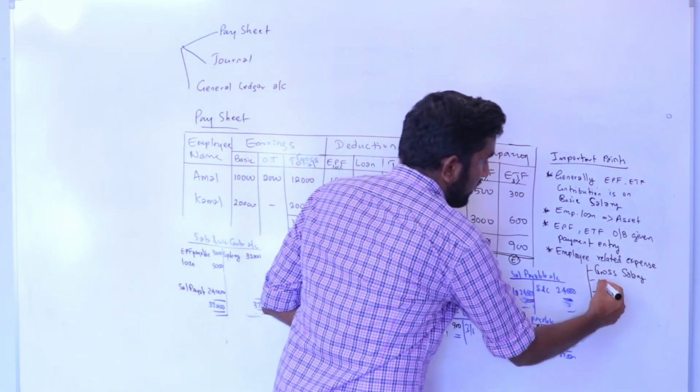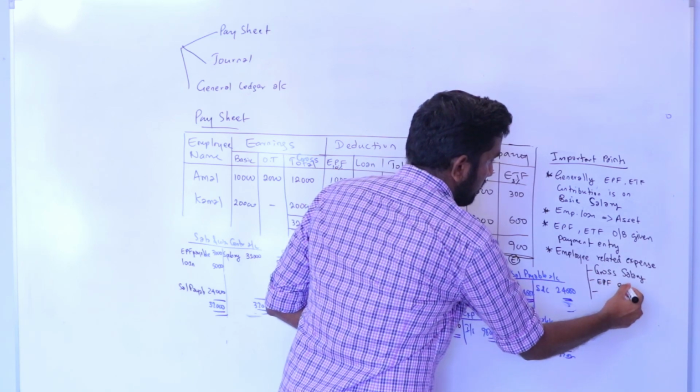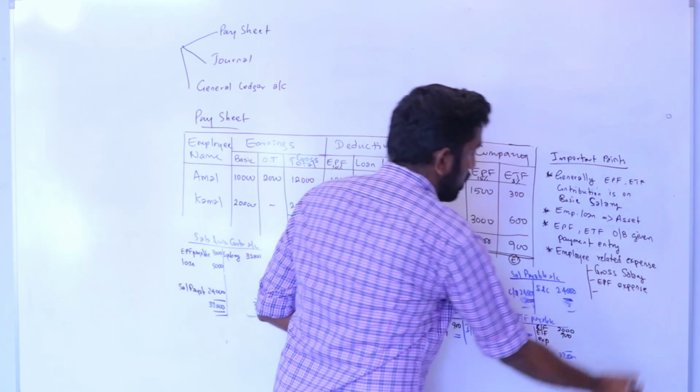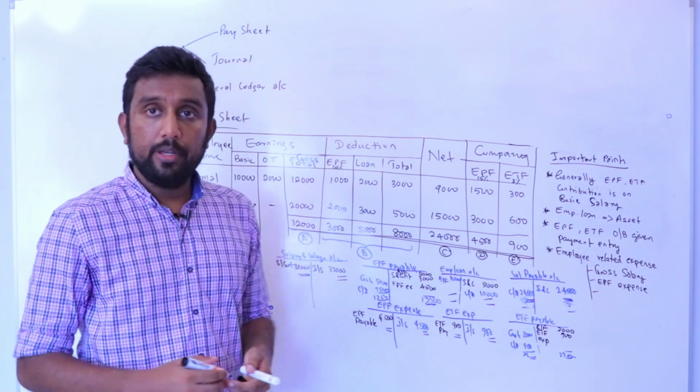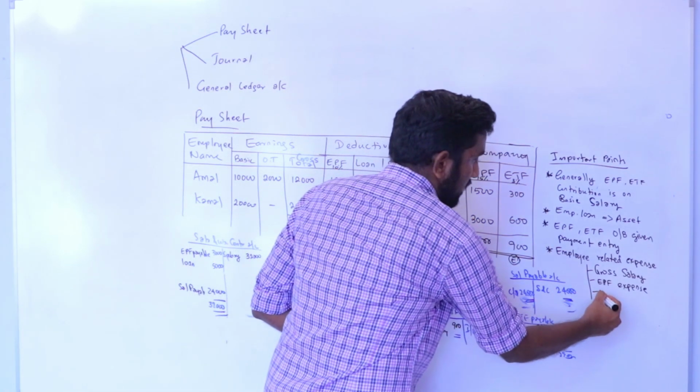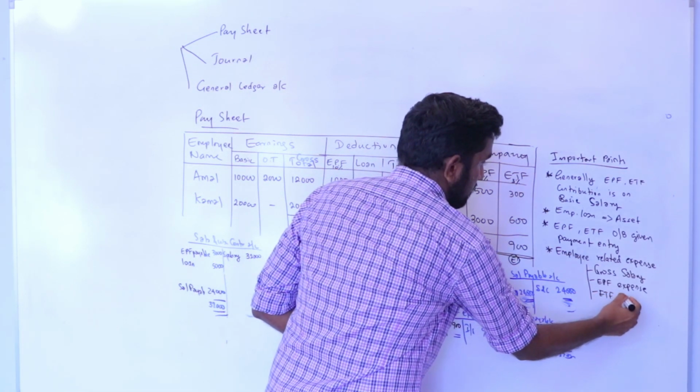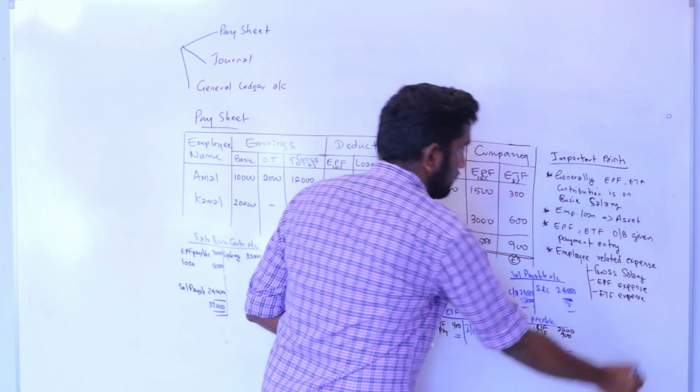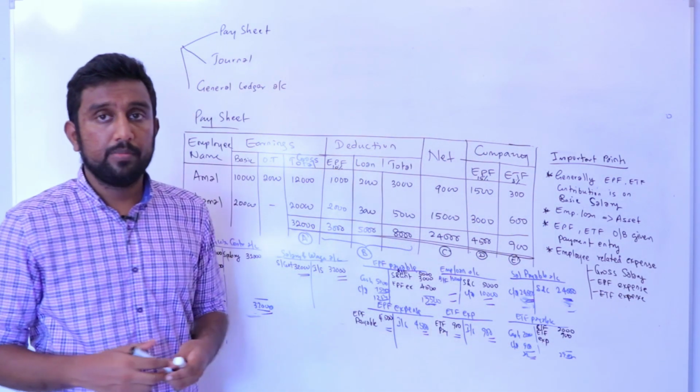Second one is EPF expense, being contribution of employer, and then ETF expense. So these are the important points related to the chapter.